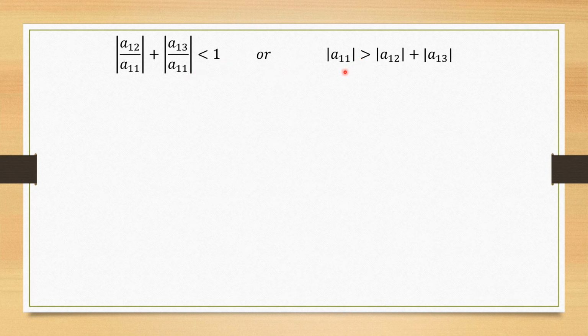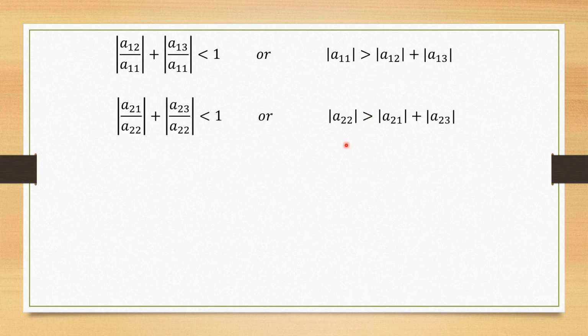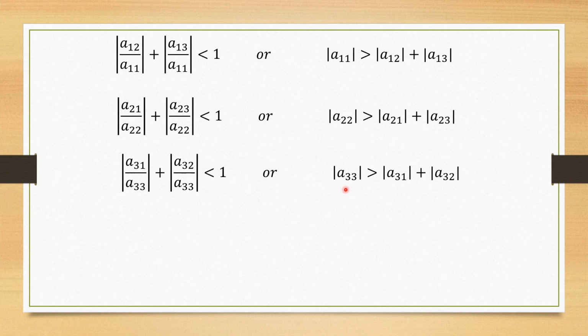That is, a11 is greater than or equal to the sum of these two terms, and similarly a22 is greater than a21 plus a23. These are the absolute values of the entries of the matrix. Similarly, we obtain a33 greater than a31 plus a32.